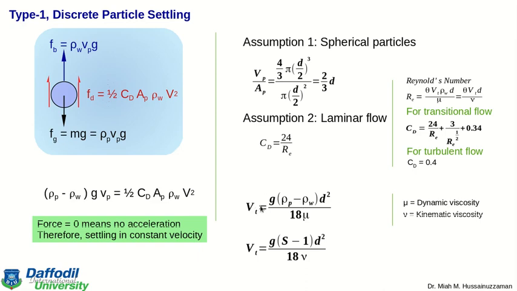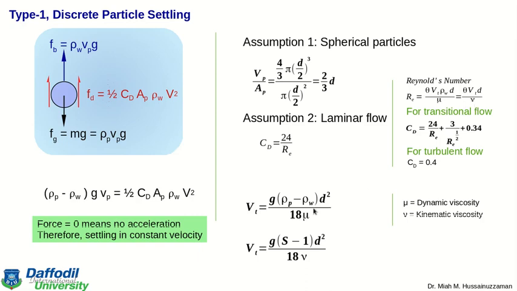So this is the equation, and you can see rho of particle minus density of water here, and this mu is called dynamic viscosity. It came from the Reynolds equation. Or if we replace dynamic viscosity with kinematic viscosity, this dynamic viscosity divided by the density of water makes it kinematic viscosity.